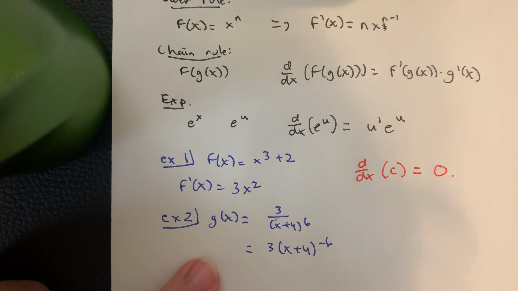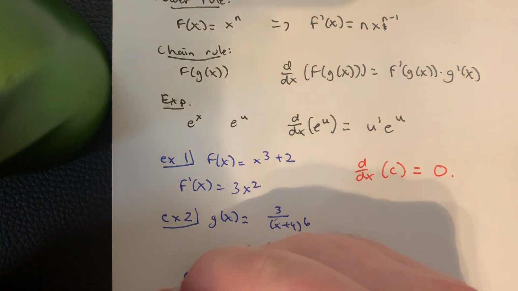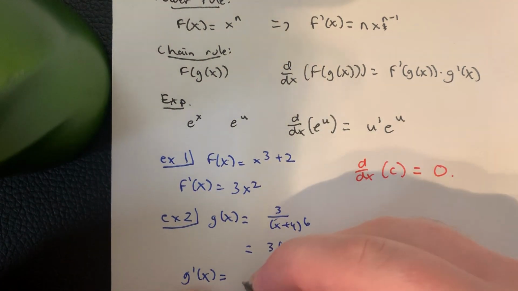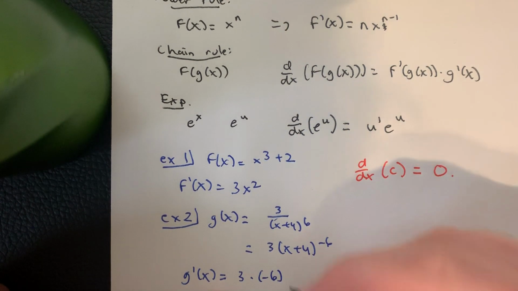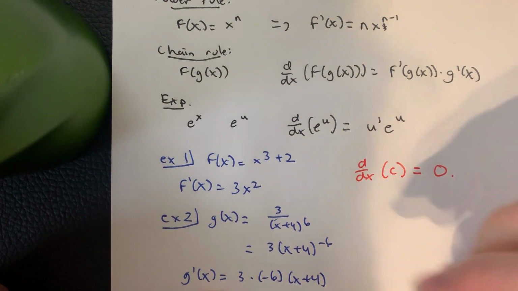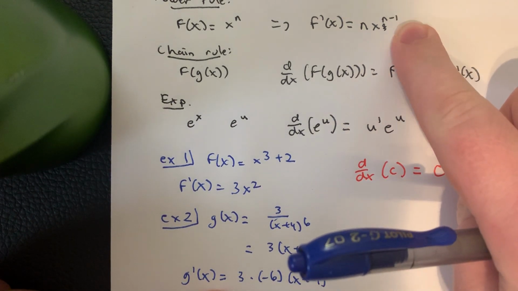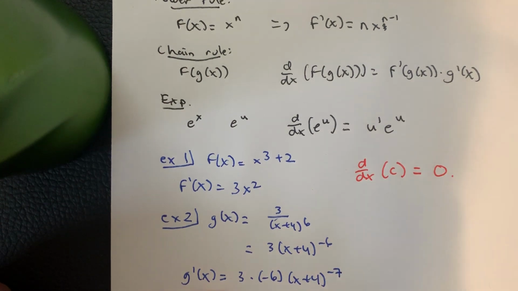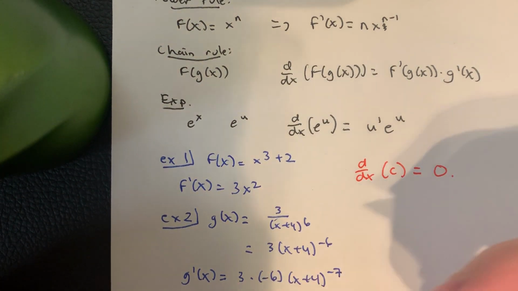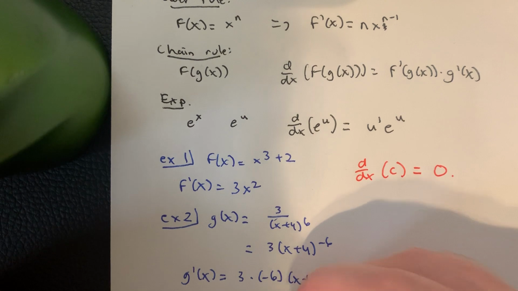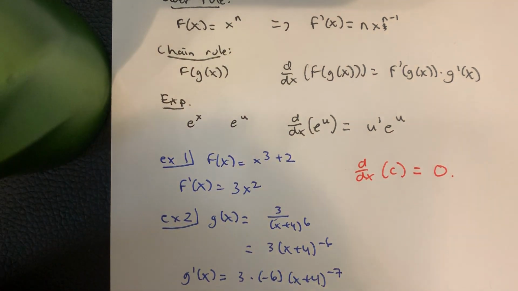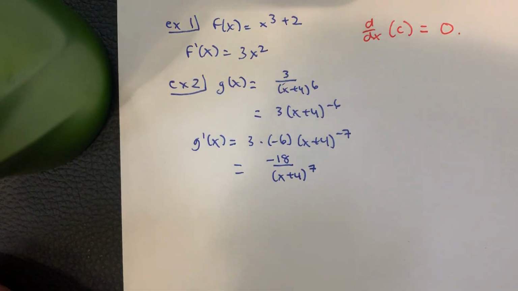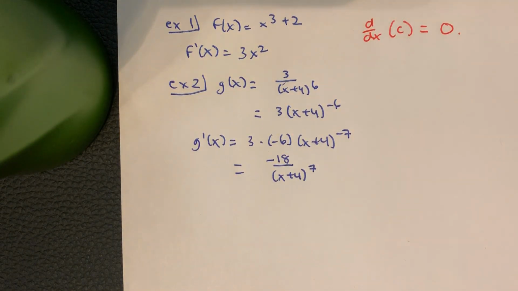Okay, let's do this. g prime of x is equal to 3 times the minus 6 times x plus 4. We're going to subtract 1 by the power rule, so minus 7. And this is going to give us negative 18 over x plus 4 to the 7th. Great. So I think that's as much single variable calculus that we need to go over.